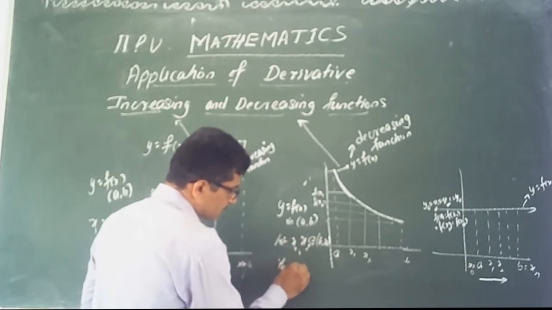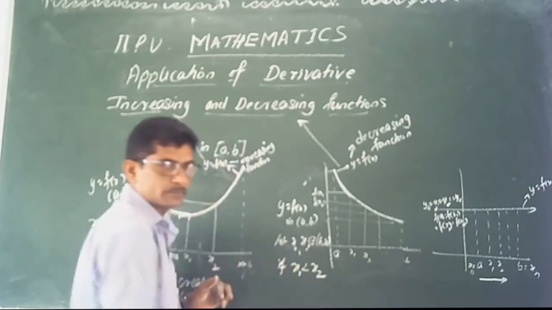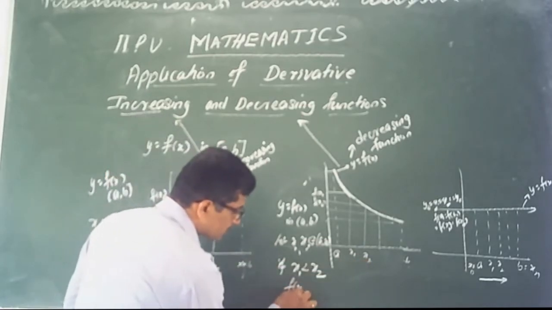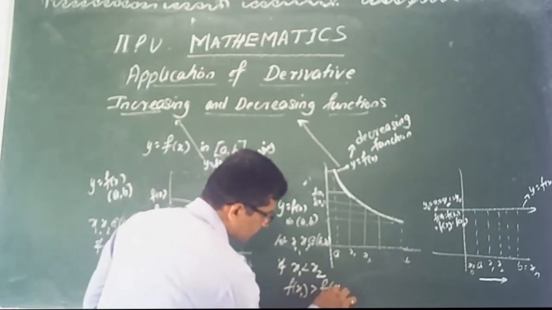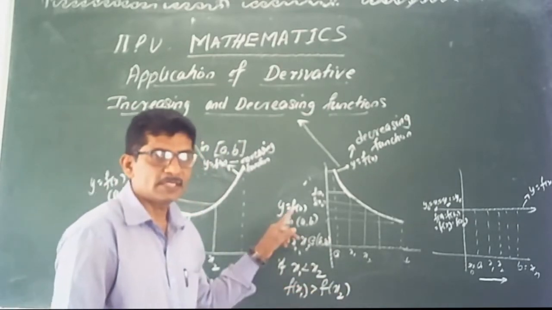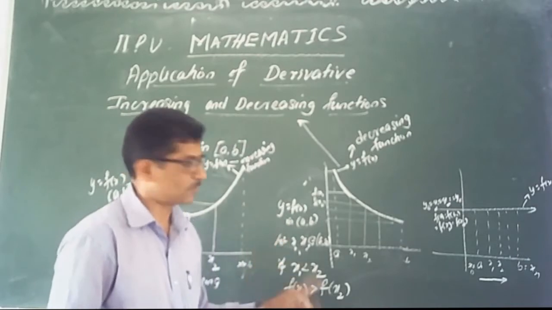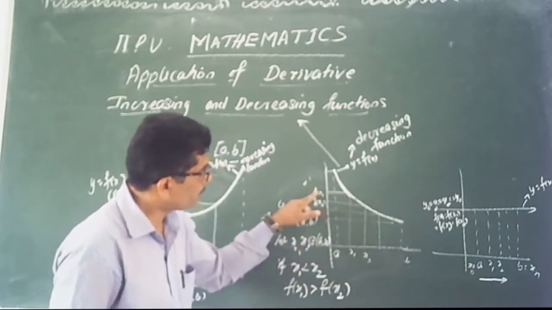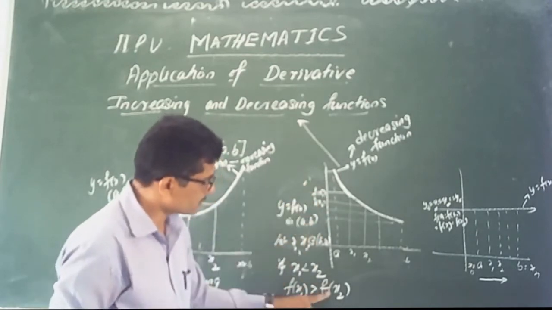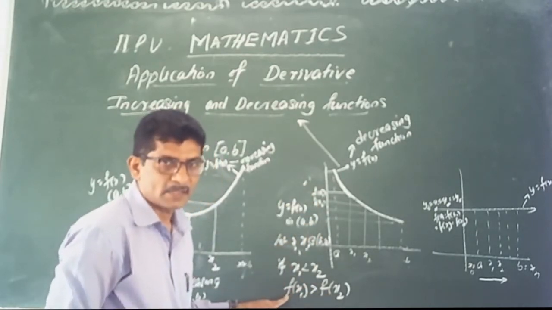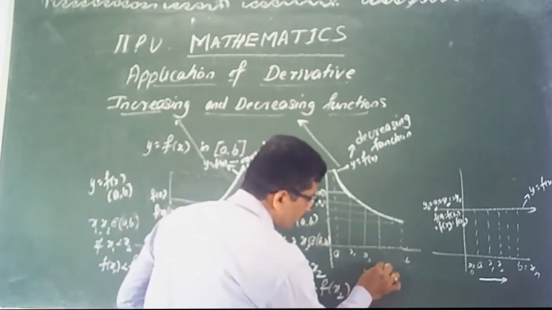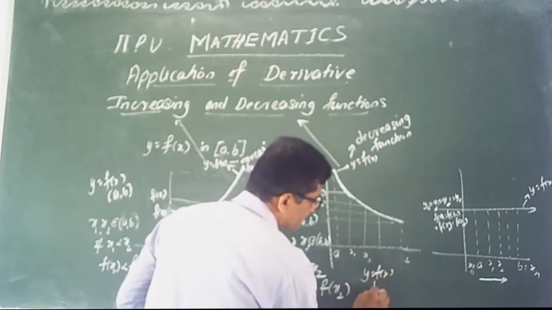If x1 is less than x2, then f of x1 is greater than f of x2. f of x1 greater than f of x2 is said to be a decreasing function. x1 is less than x2, f of x1 is greater than f of x2. Here f of x2 is less than f of x1. Therefore y equals f of x is said to be a decreasing function.